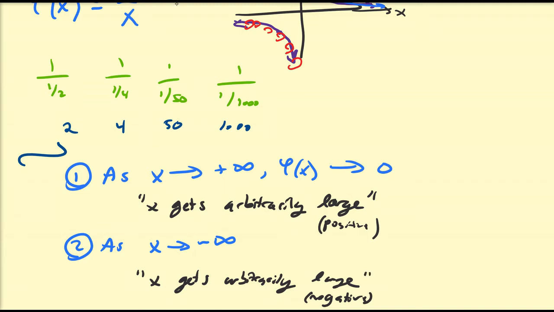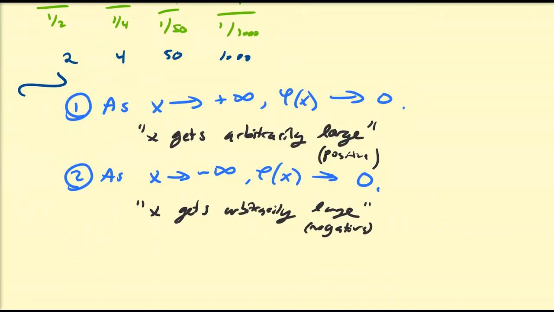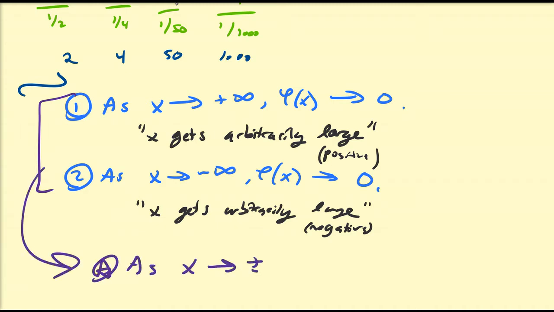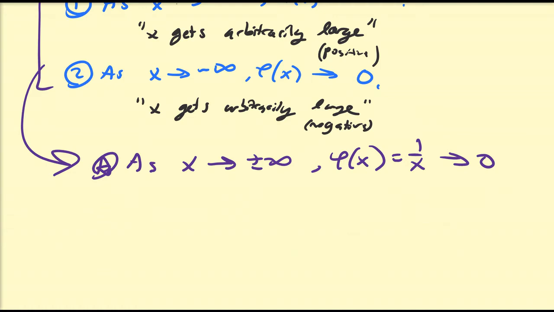So as x gets close to negative infinity, phi of x is going to get closer to 0 as well. We can combine these two statements into one: as x tends to plus or minus infinity, phi of x, which is equal to 1 over x, is going to tend to 0, right?